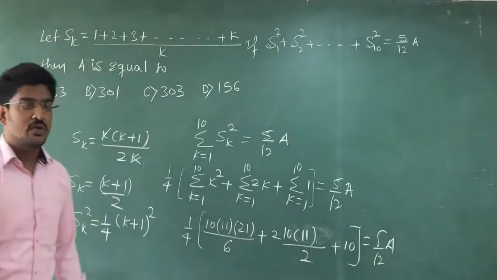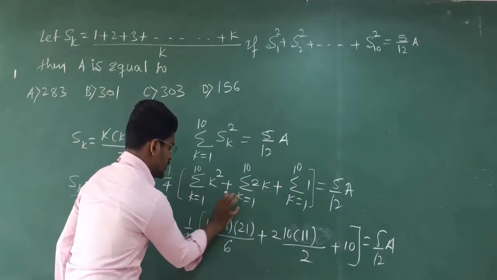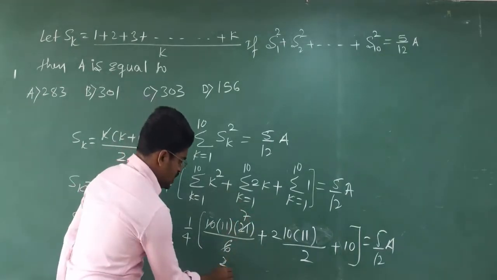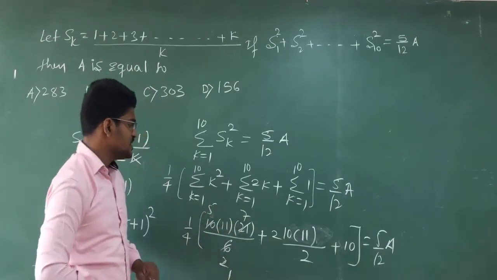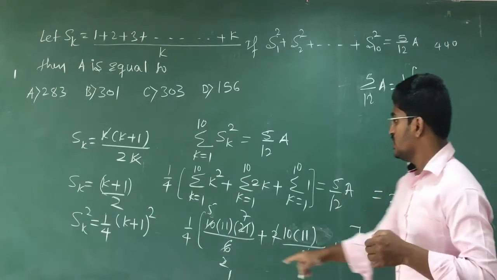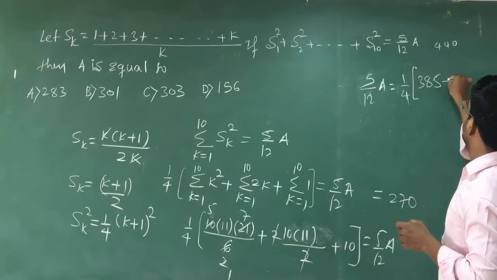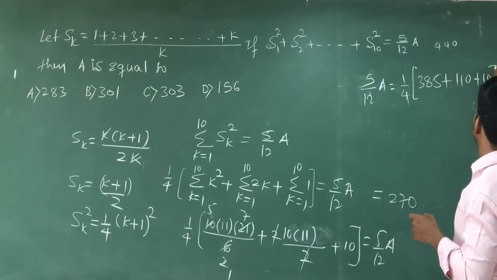Now if I simplify this, 2 into 3, 7, 2 into 1, 2 into 5, this is 55. 55 into 7 is 385, equal to 1 by 4 into, if I multiply 5 into these terms, this will be 385 plus 110 plus 10.